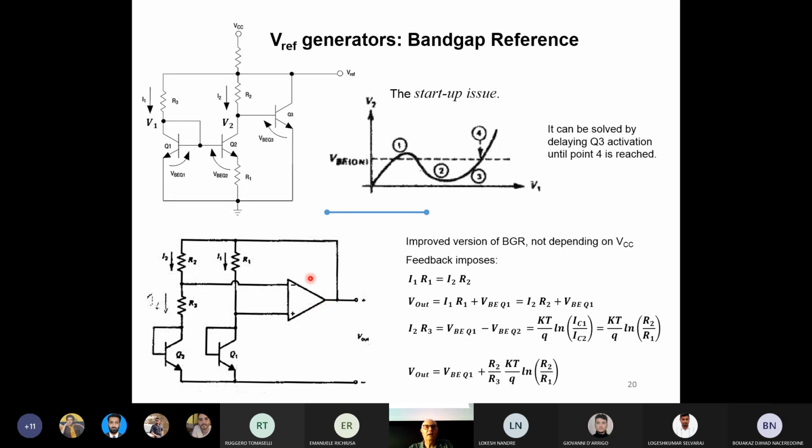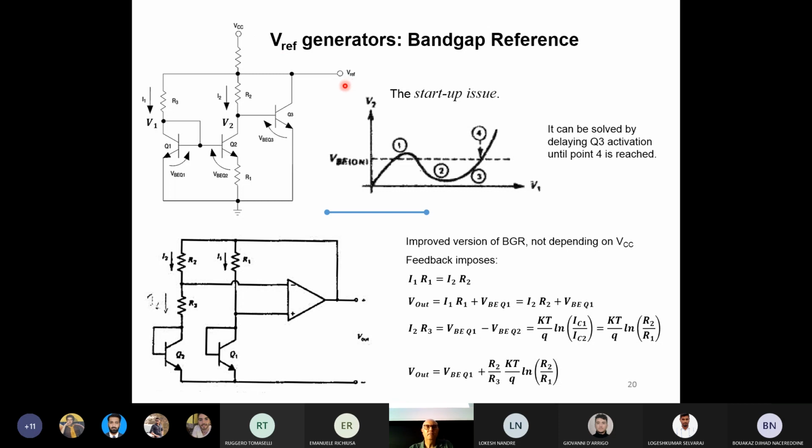The solution with the op-amp is very interesting because actually, if we do some simulation, we will find that there is still some dependence of the output voltage in the circuit on VCC. So the circuit is actually a bit influenced by the VCC in terms of output voltage.